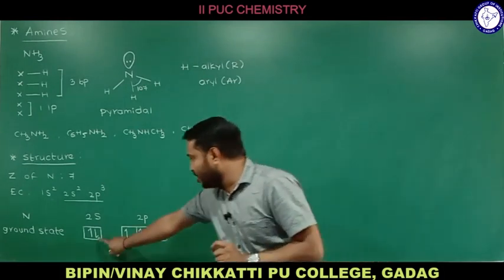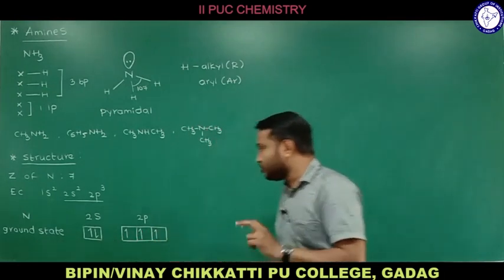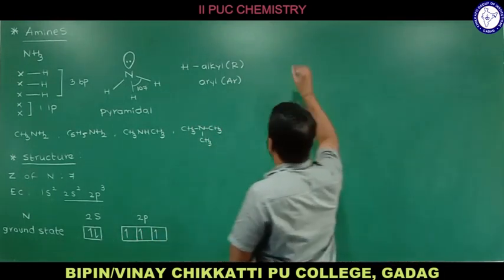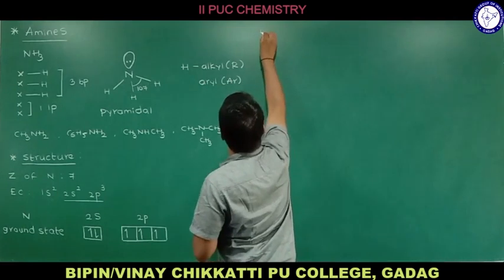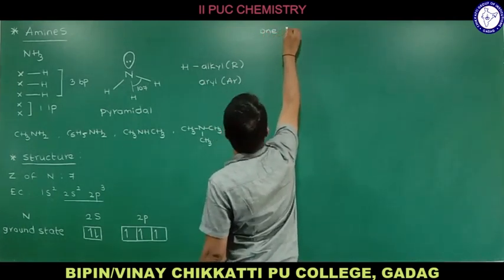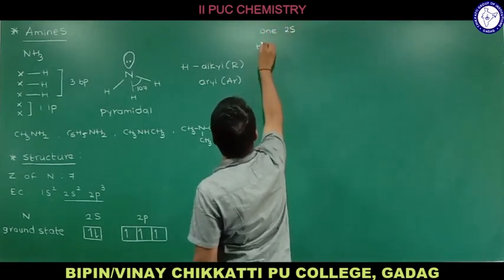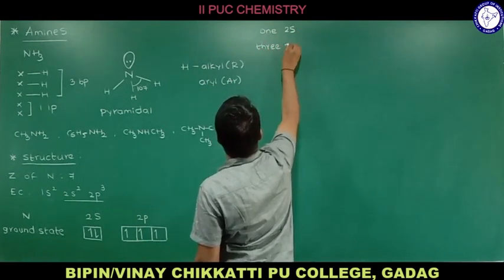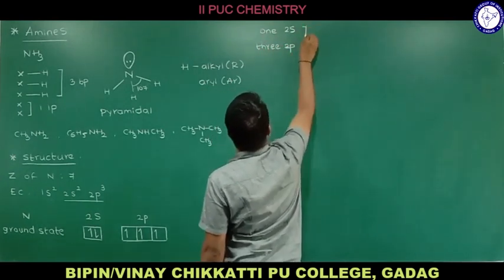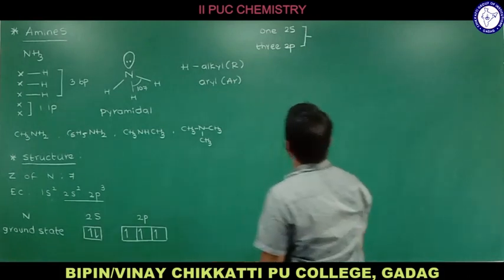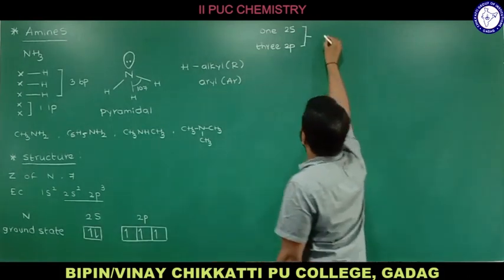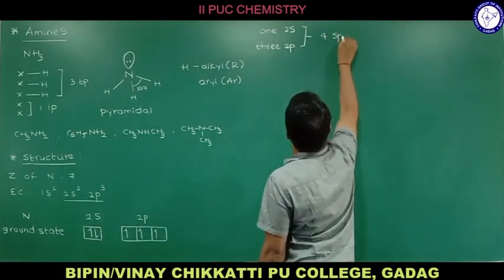Therefore 1 2s and 3 2p atomic orbitals are going to intermix, and I am going to write here that 1 2s and 3 2p atomic orbitals are going to intermix, and here we are going to get 4 sp3 hybrid orbitals.